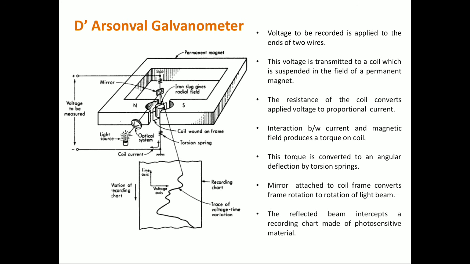Then we will see one more example, which is the D'Arsonval galvanometer. The D'Arsonval galvanometer is used to measure the presence of voltage or current. A small current or small voltage can be measured. Here the entire arrangement is as follows. There will be a permanent magnet.